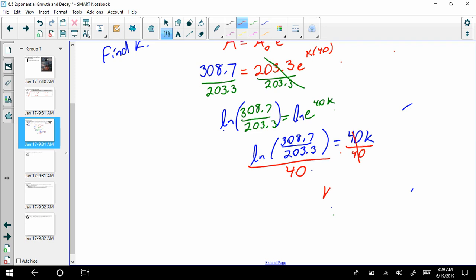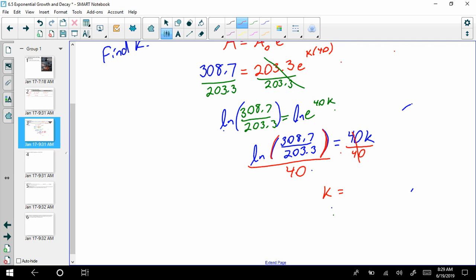So this is going to be a test of how well you know your calculator. You're going to take the natural log of 308.7 divided by 203.3. Make sure you close the parenthesis. And then you'll divide that by 40.